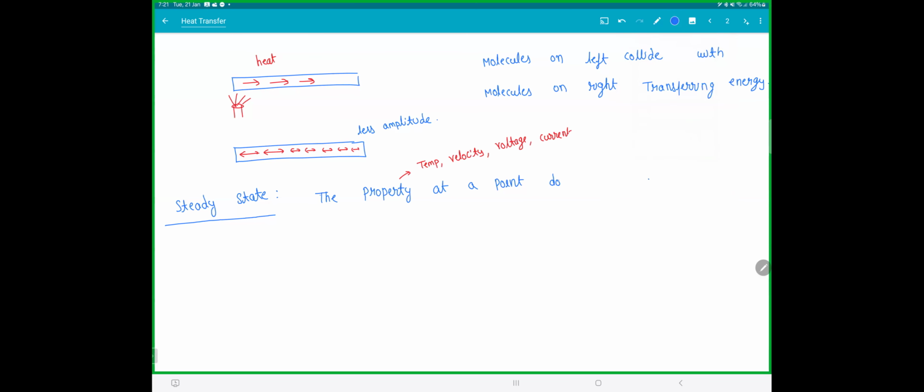It does not change with time. And different points can have different values though. So they can change with position, but not with time. Let me show you what it means.